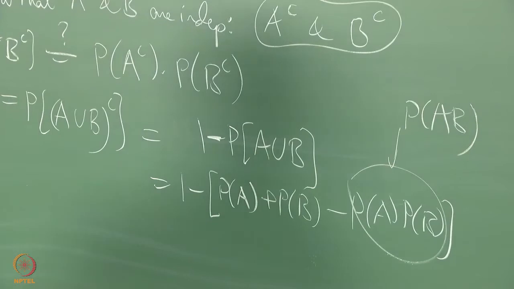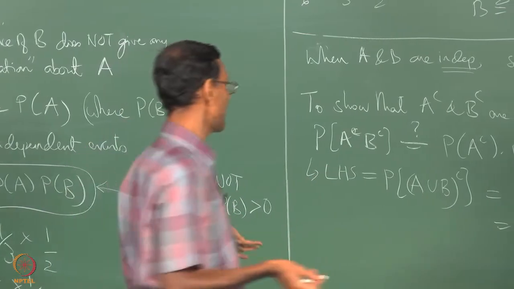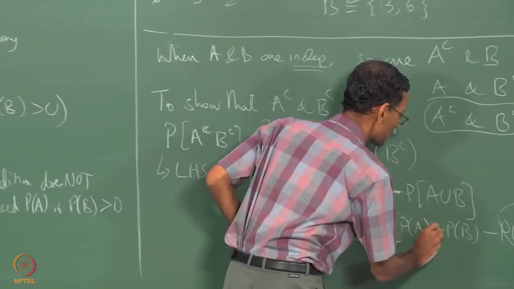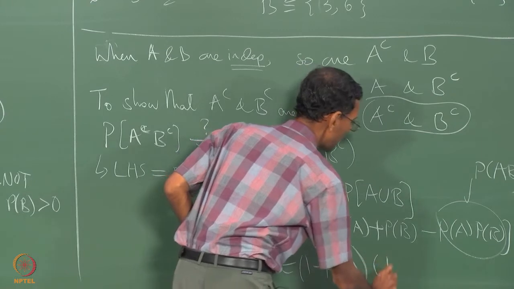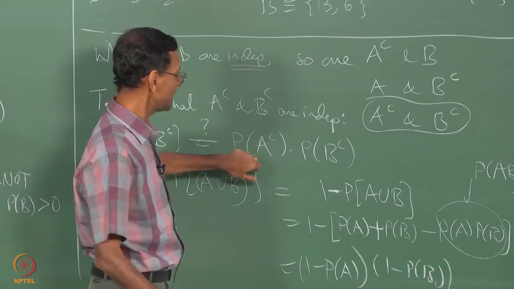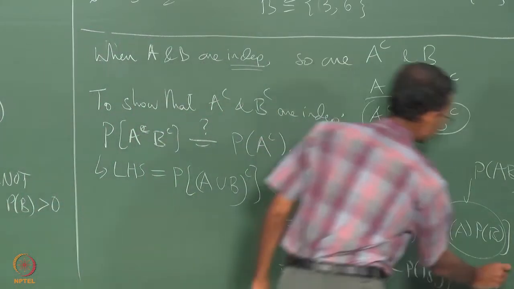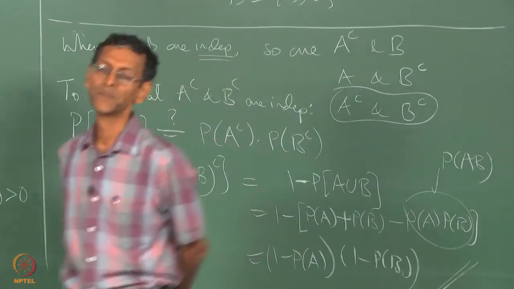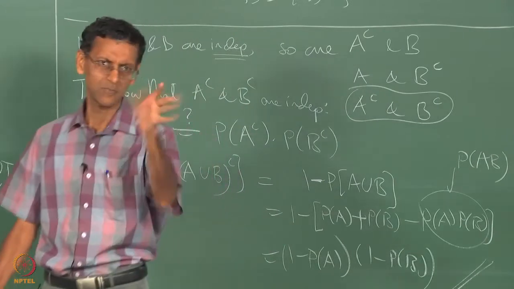See, look how nicely algebra comes to our aid here. You get a very interesting factorization of this quantity, which is basically 1 minus P A multiplied by 1 minus P B, and that is exactly this. Similarly the others can all be shown with all the tools that you have.